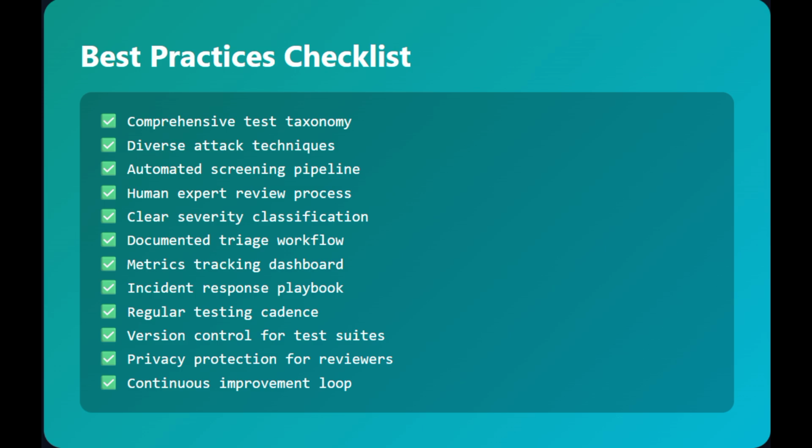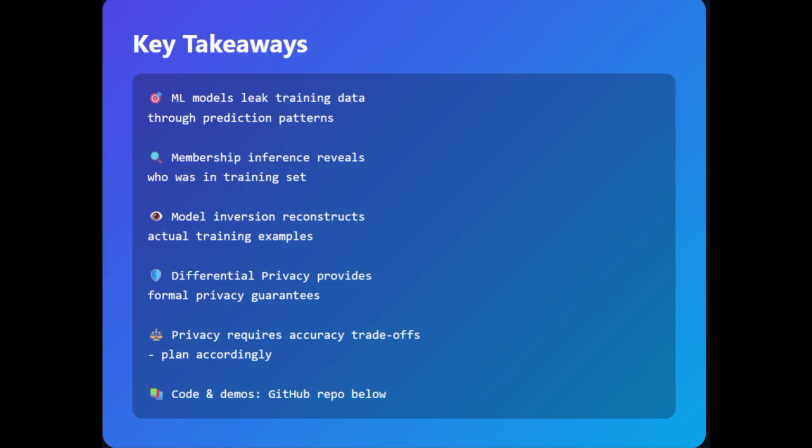So, the key takeaways of what we have covered. Red teaming is adversarial testing to find safety failures before the attackers do. Build reusable test suites with comprehensive coverage, balancing automated screening with expert human review, where you need both.